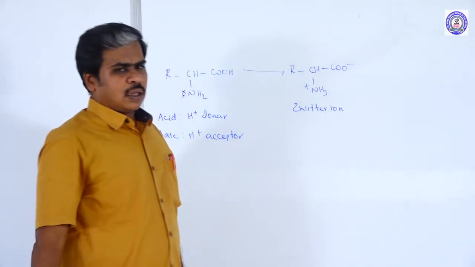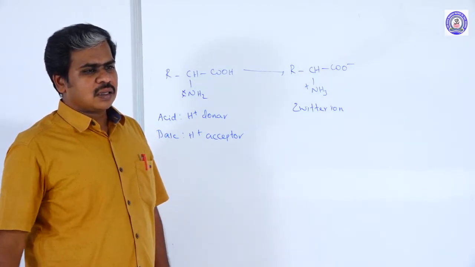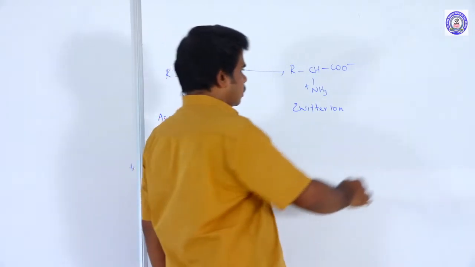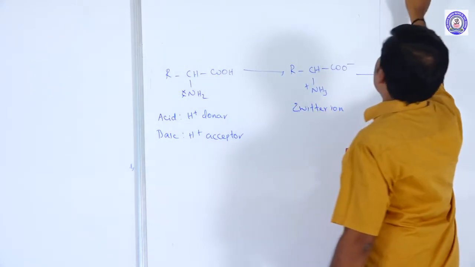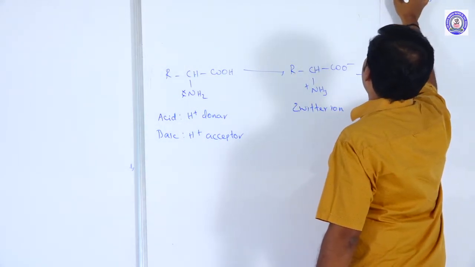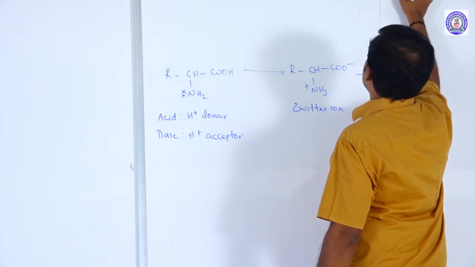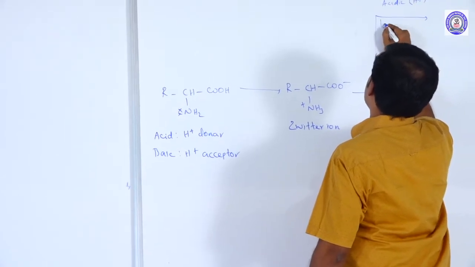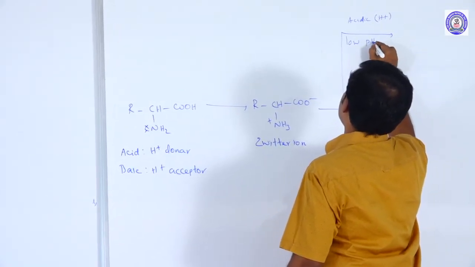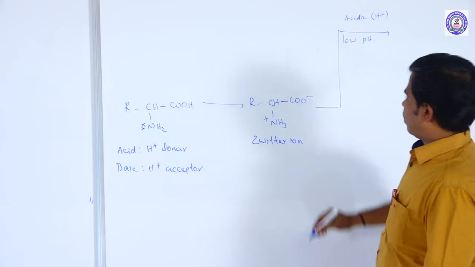Now, the zwitter ion is treated in acidic medium, in the presence of H plus, that is at low pH. What will happen?